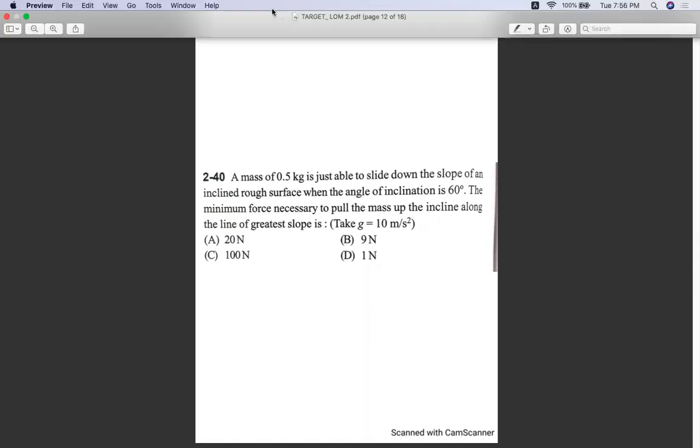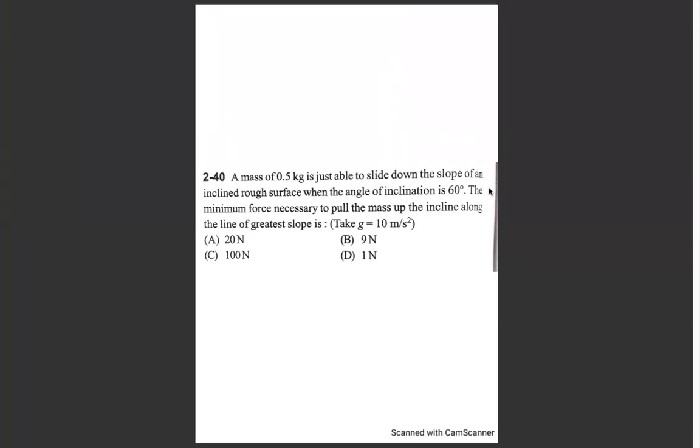Very easy. Just draw the free body diagram, we can do it.